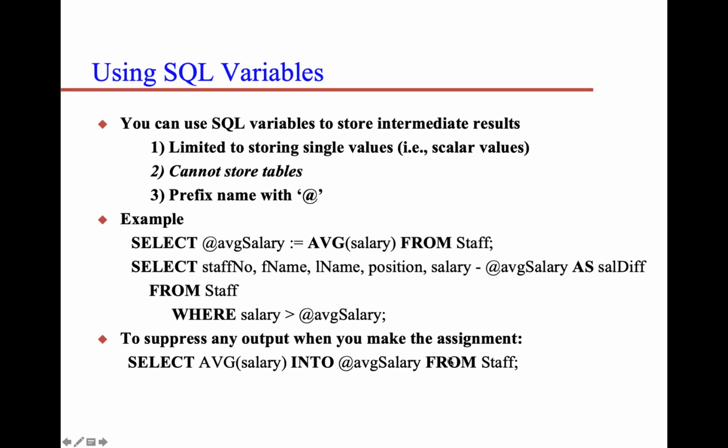So it would make the assignment of average salary to @average_salary, and it would not print it out. So feel free to use these intermediate or SQL variables in your homework. I'm fine with it. Just you can't use them with tables. They can only store scalar values.